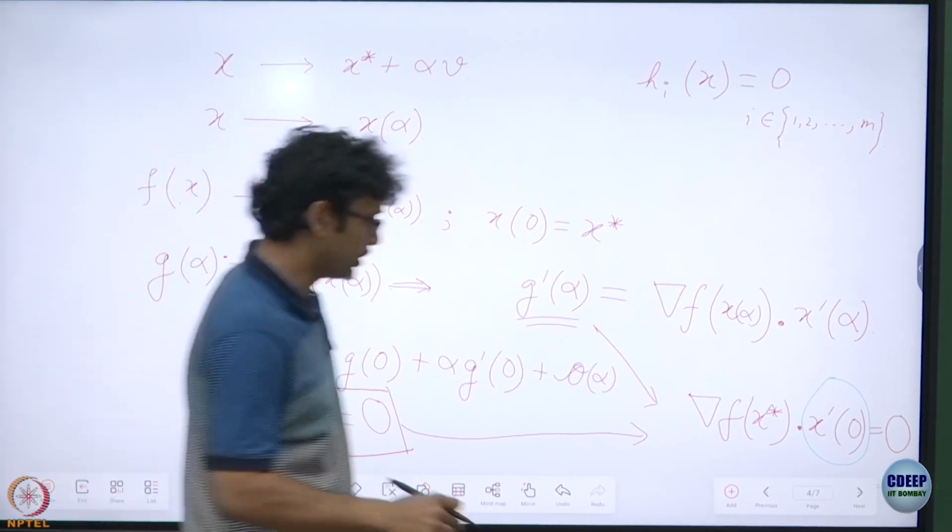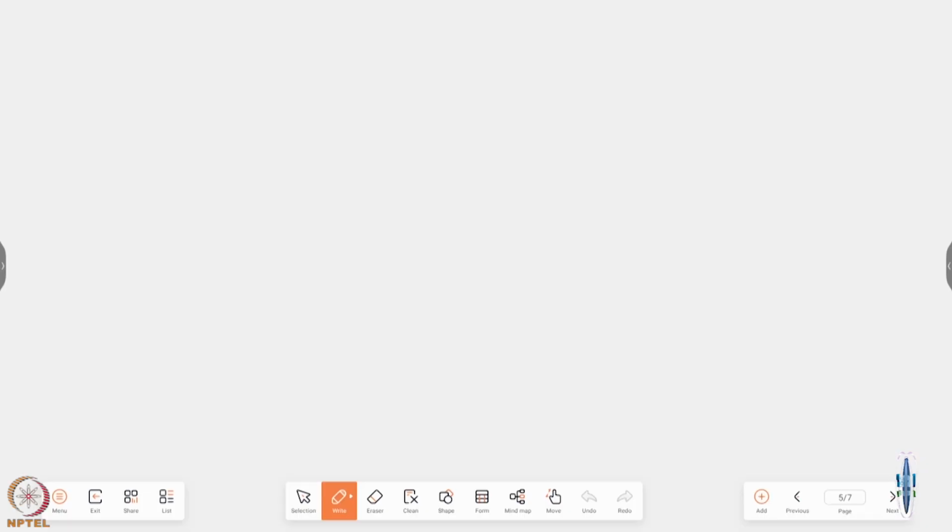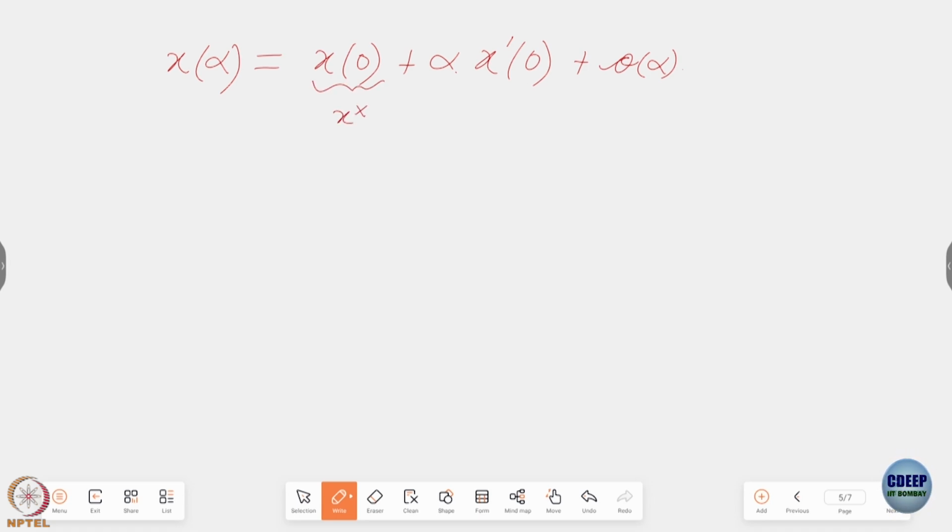If I have x of alpha, I can also expand this in a Taylor series like so. Wouldn't you agree? So it's basically the linear approximation of those curves passing through x star, of course, because at alpha equal to 0, this is nothing but x star.